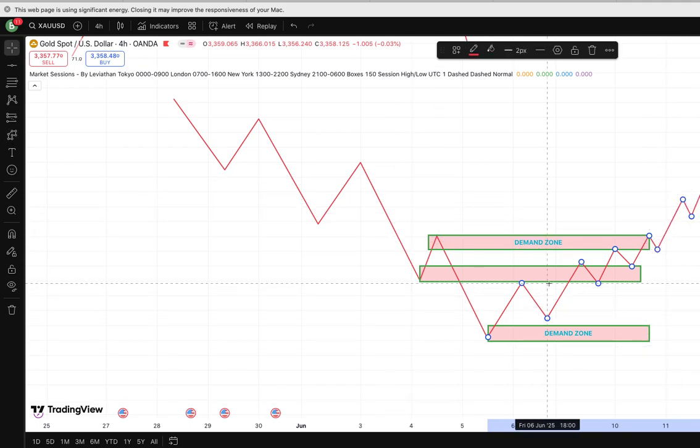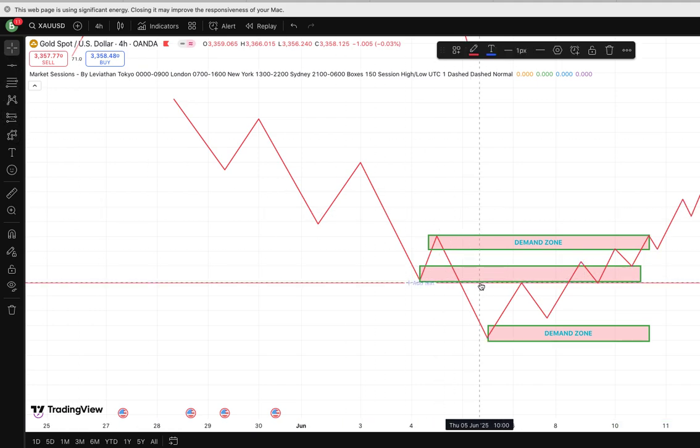So it must break this. If it doesn't break this, it can't confirm the trend. It must break this particular point. It must break the most recent lower high.